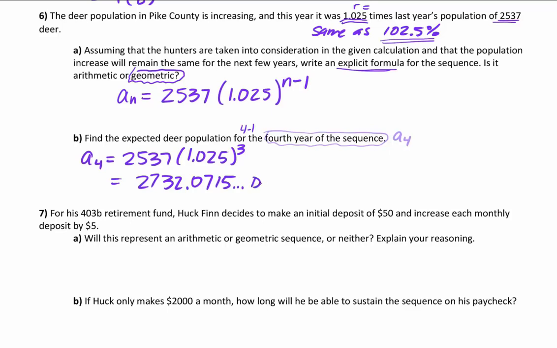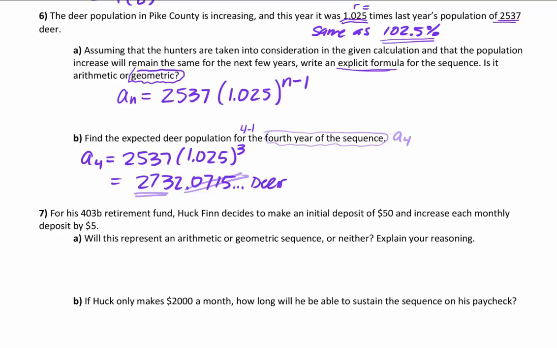But this is talking about the amount of deer. And if you remember the question from the front page on bugs, we cannot have a fractional or decimal amount of deer. So really it just comes down to the whole number value. Even if this were really close to rounding up, like 0.8 would round up, or 0.5 itself would round up, we do not round up.